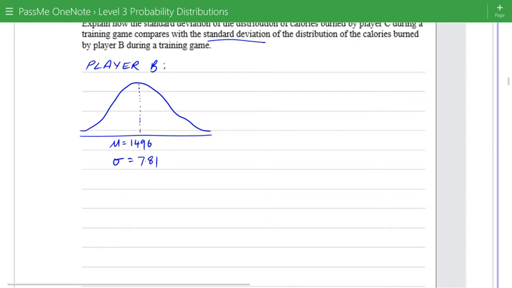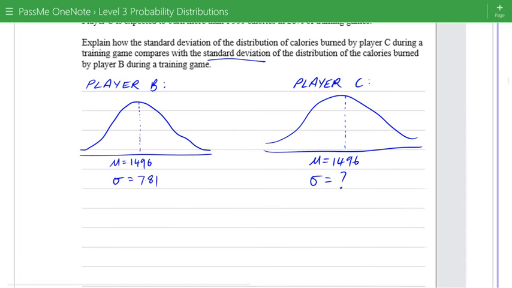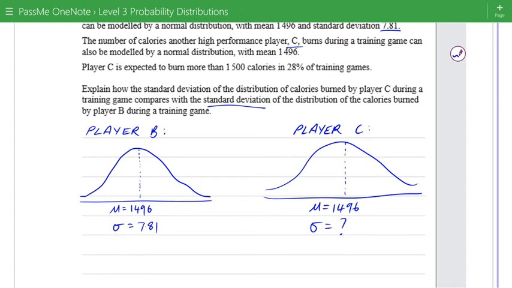Okay, and then we've got player C. He's got a mean of 1496 as well, and his standard deviation we don't know, that's what we're looking for. But we are told a little bit about player C. We're told that he will expect to burn more than 1500 calories 28% of the time.